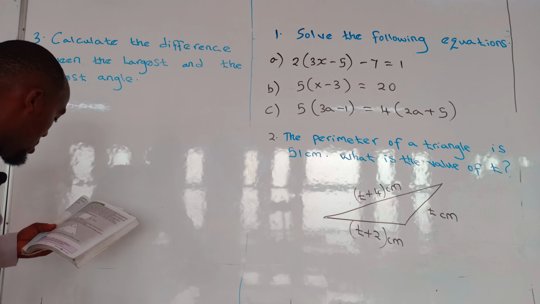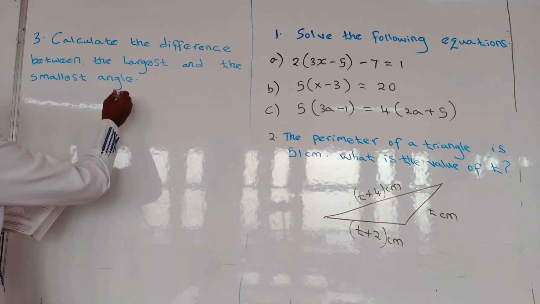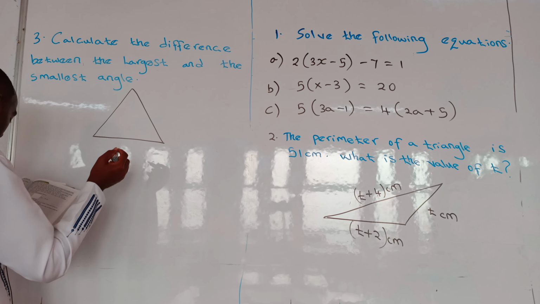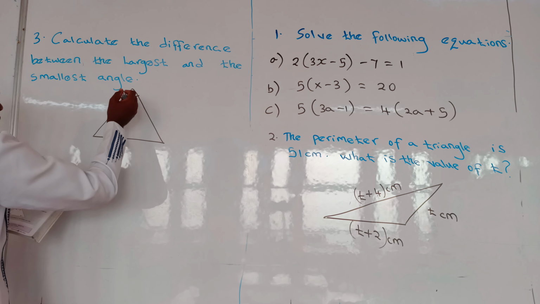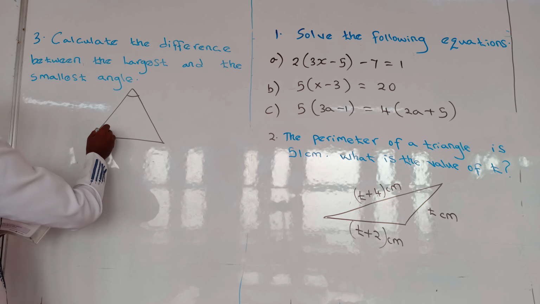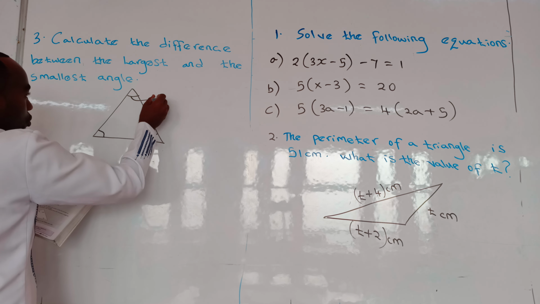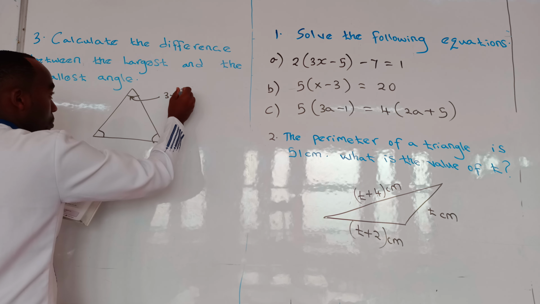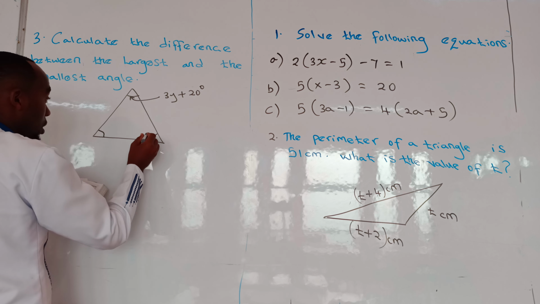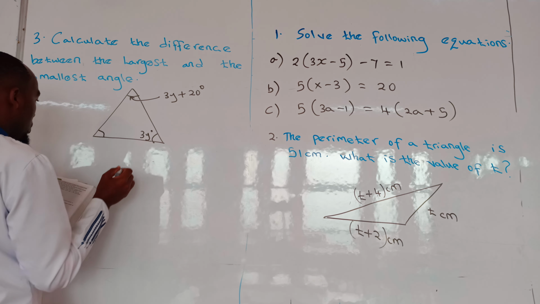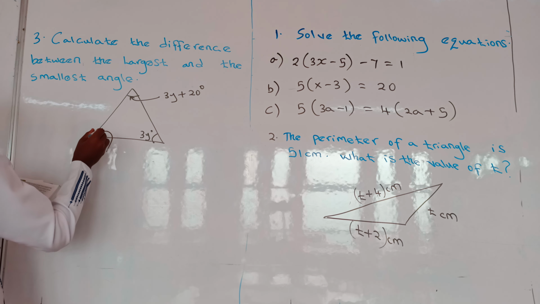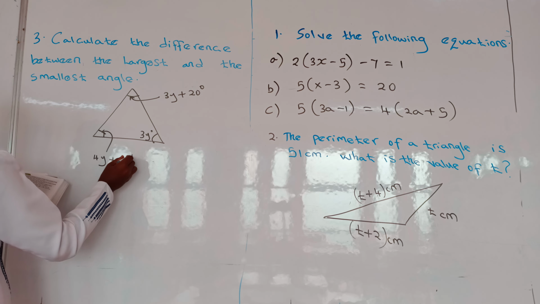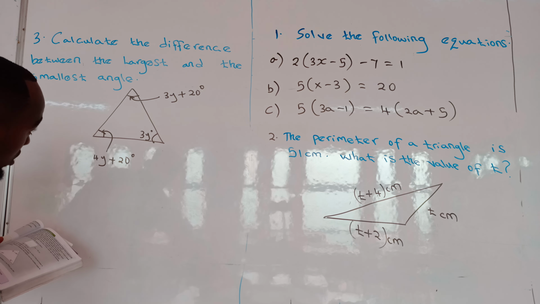This is the triangle given. This angle here, and another one here, and another one here. Therefore, this one is 3y plus 20 degrees. This one is 3y degrees. And this one is 4y plus 20 degrees.